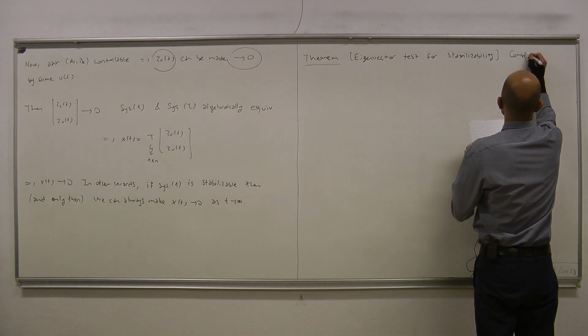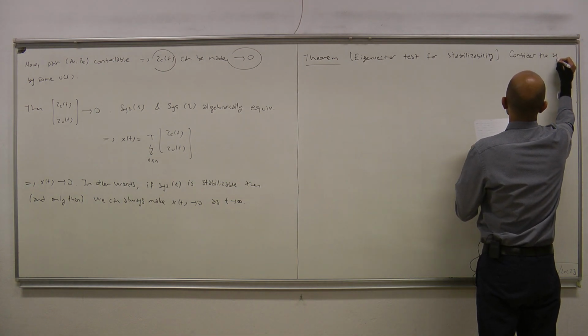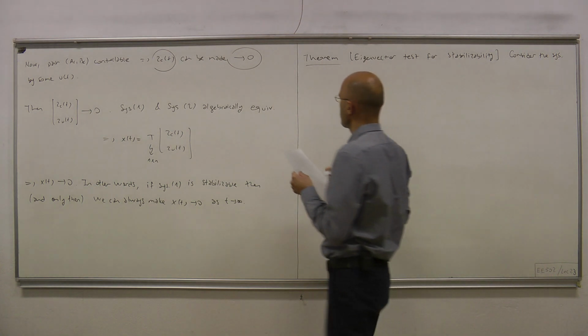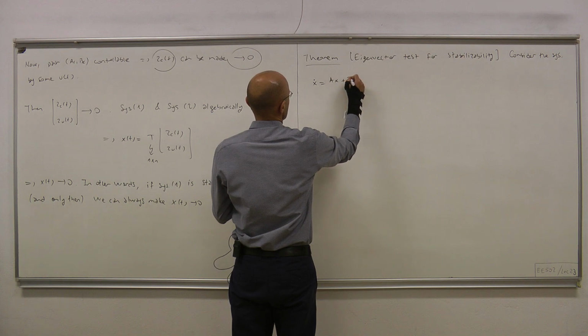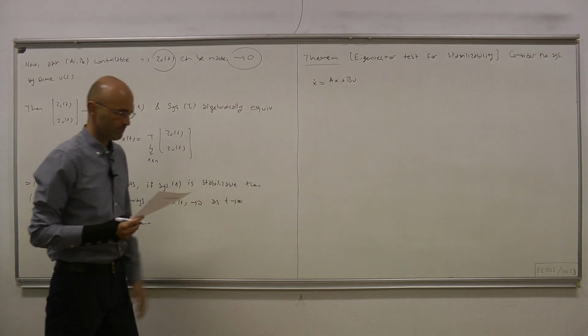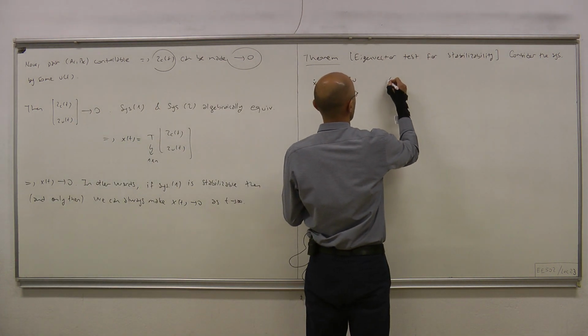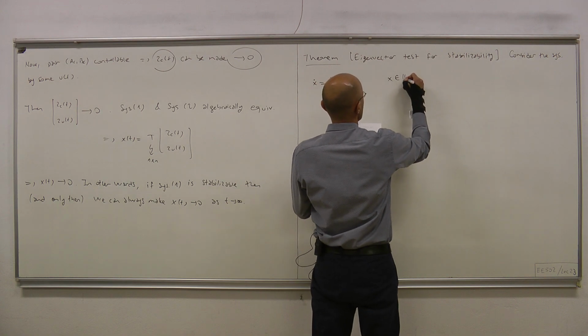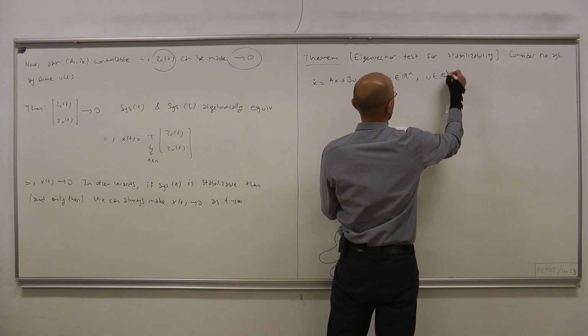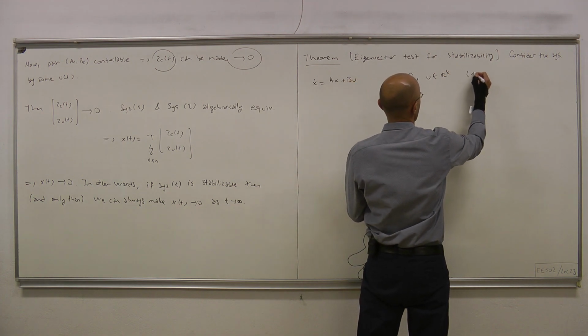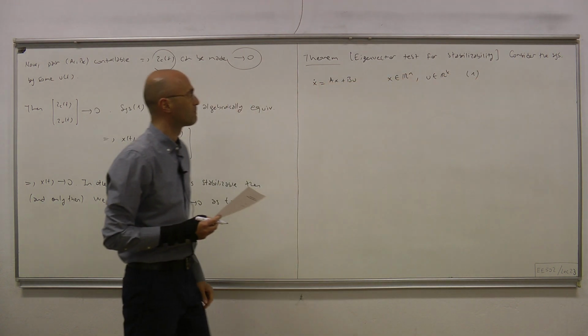Okay, so consider the system x dot equals Ax plus Bu, with x in R^n, so it's an nth order system, and the size of the input vector is, let's say, k. Okay, this is our system 1.